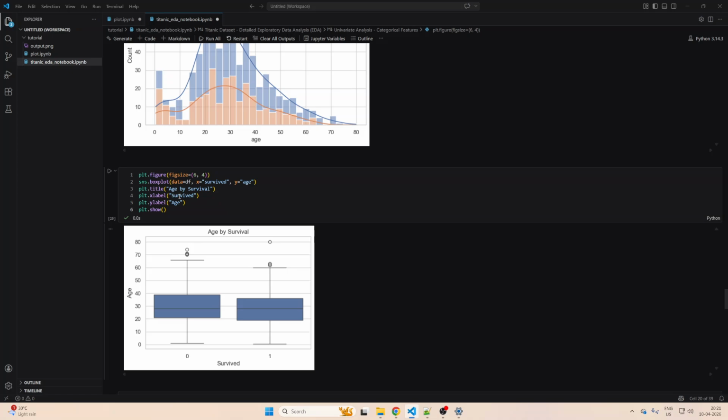Now if you plot it using a box plot, people around 28, the 20 to 40 age group, is where the people have passed. I think this also doesn't give any clear identification of a relation between survived and the age.